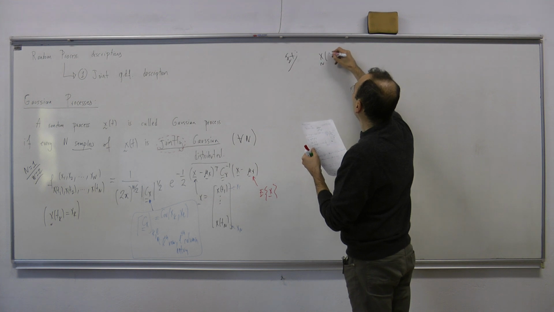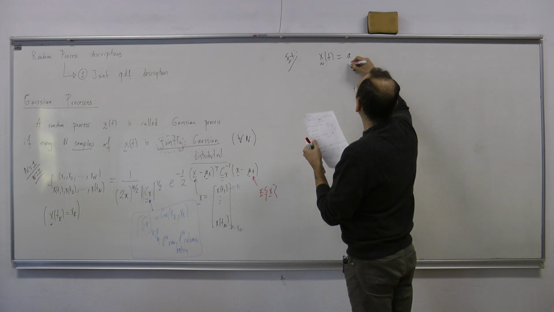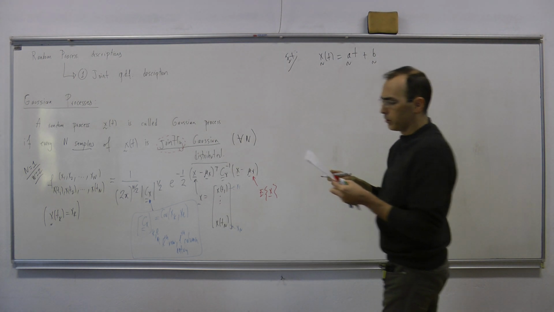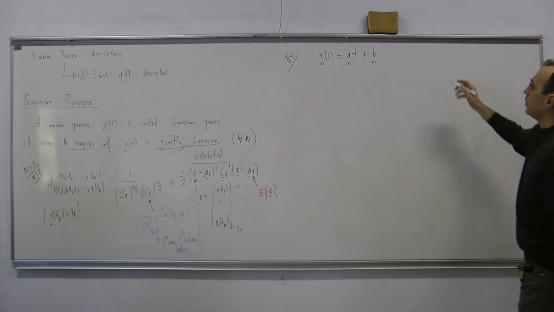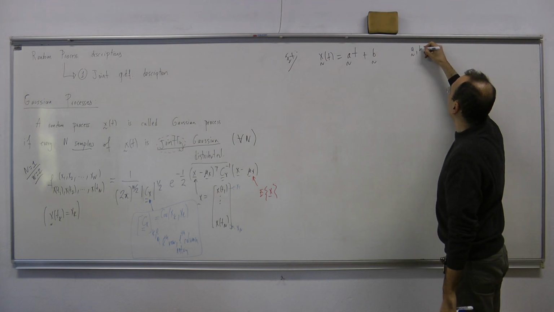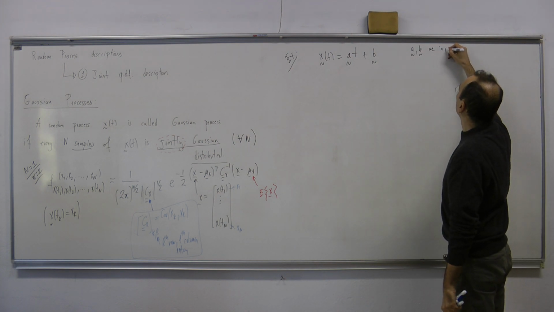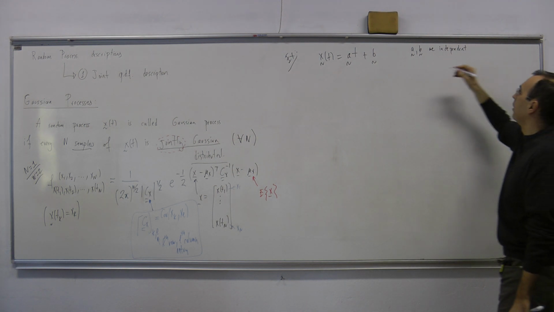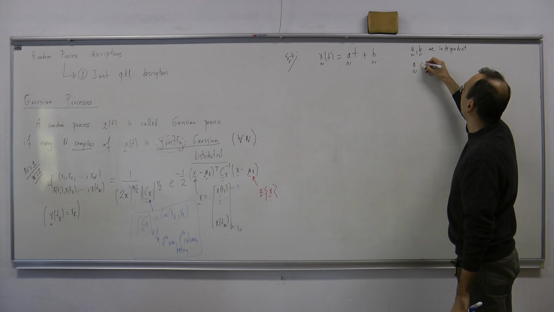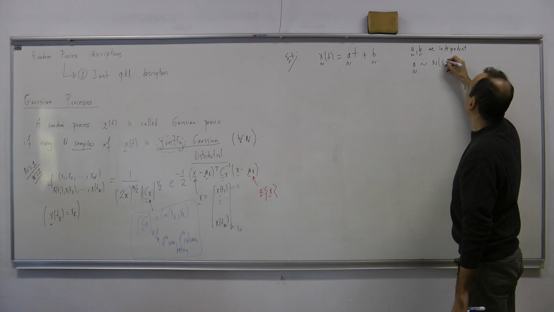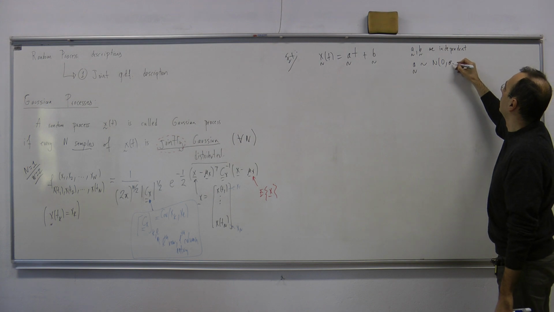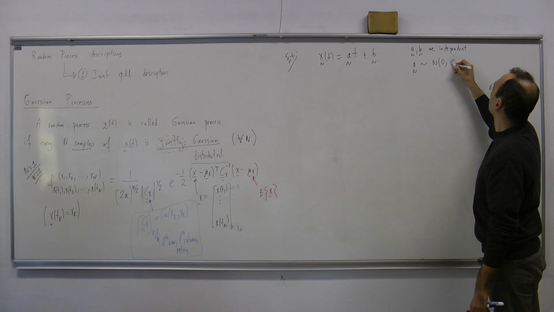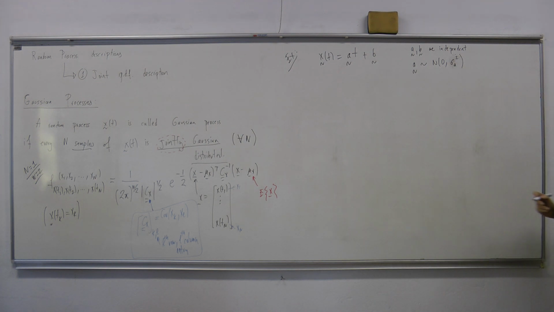So I'm constructing a random process according to this: X(t) = At + B. Here is the information. Random variables A and B are independent. A is, let's say, N, that means Gaussian, 0 mean, and sigma A squared.